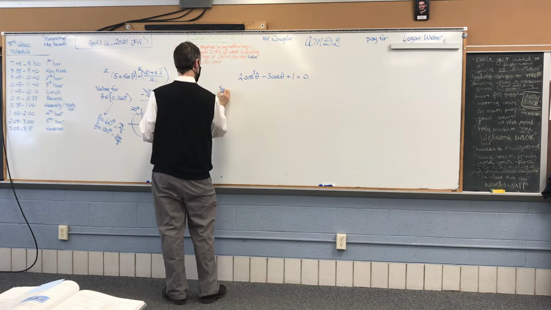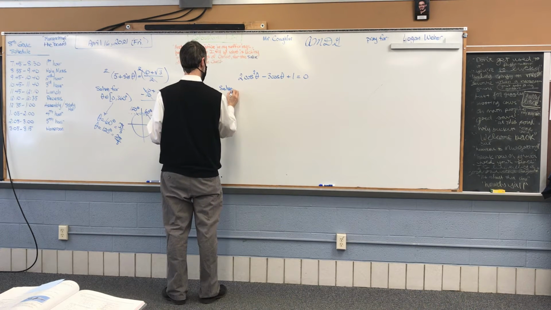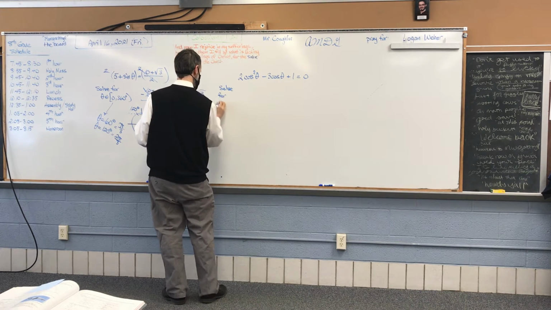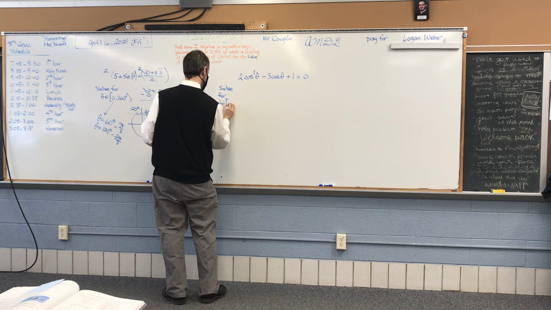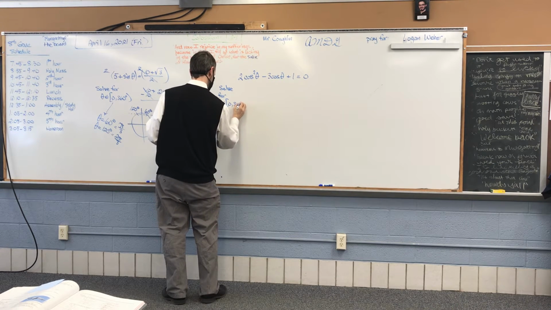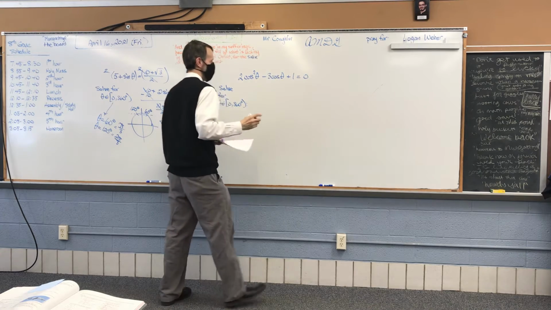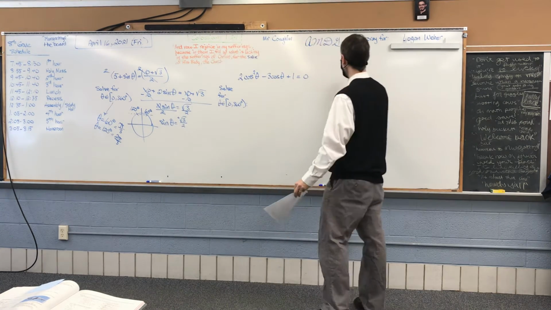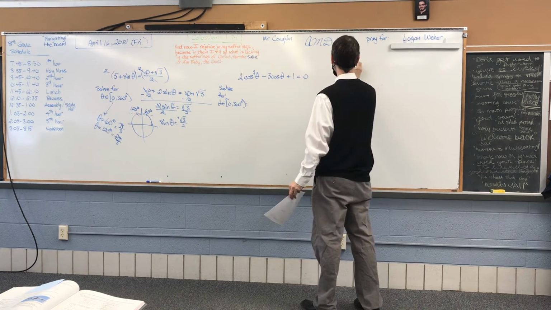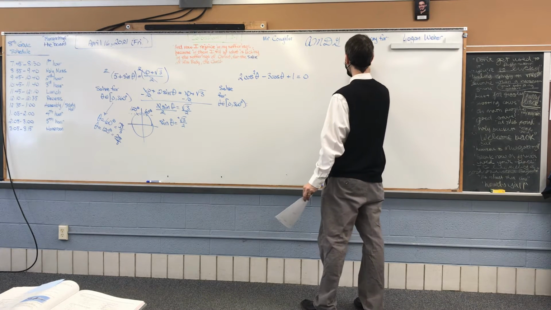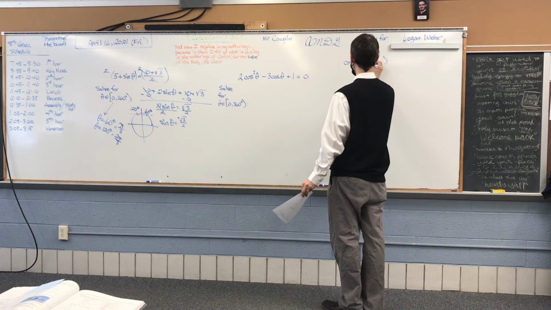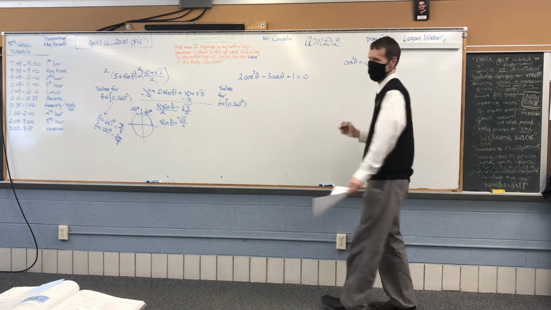I want you to solve this, and I'll stick to degrees just for now. Just as a hint, in case you don't remember from last year, cosine squared of theta is a fancy way of writing cosine of theta squared.